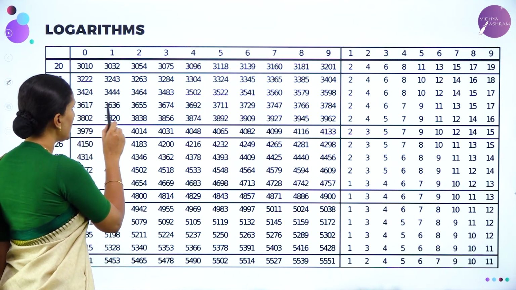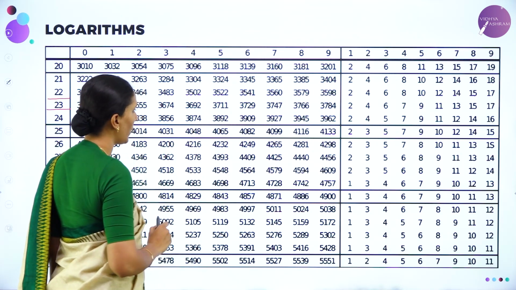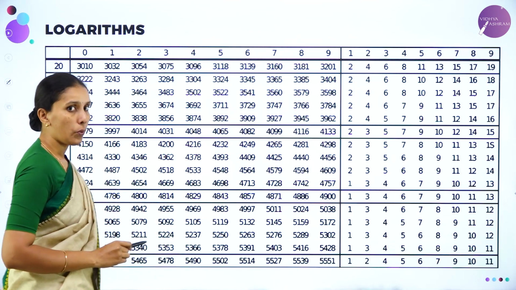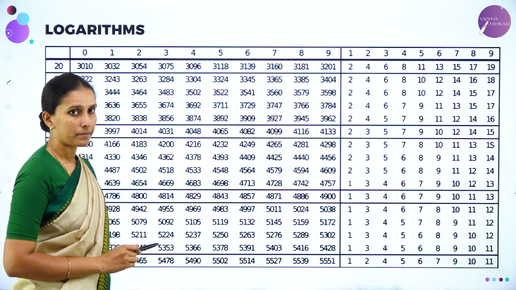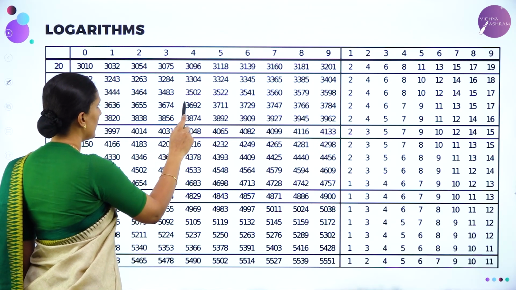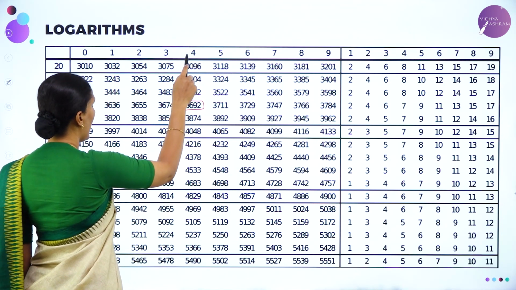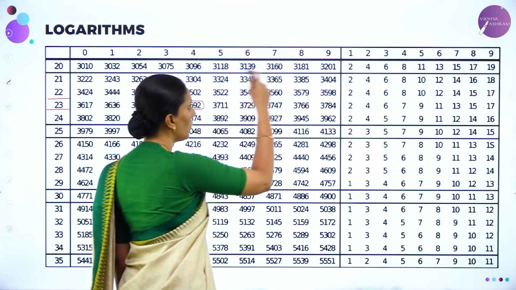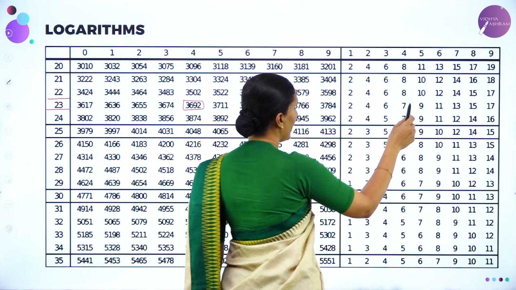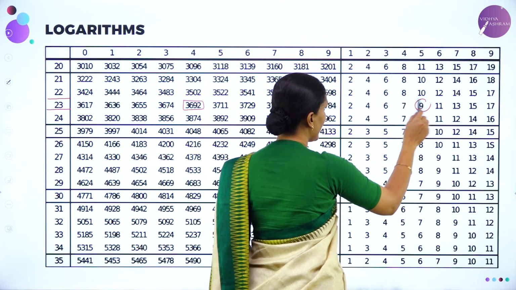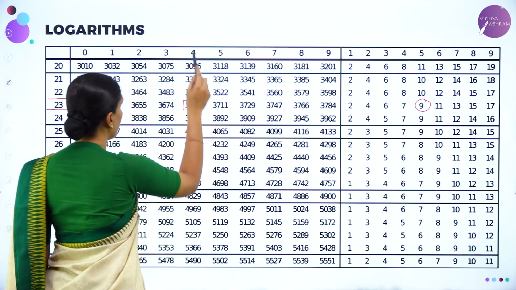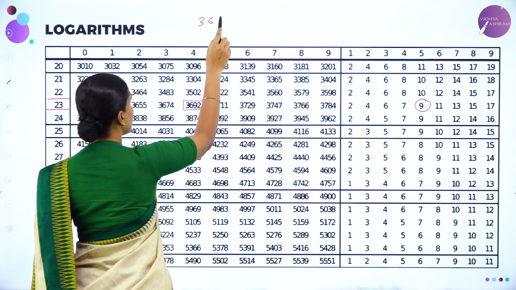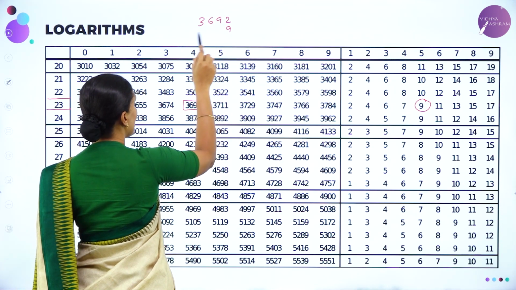Then move horizontally in the row containing 23. We need to find 2345. Here it is 23, and headed by the column 4 is 3692. Then move towards the mean difference headed by the column 5, which contains 9. So add these two numbers, 3692 plus 9.